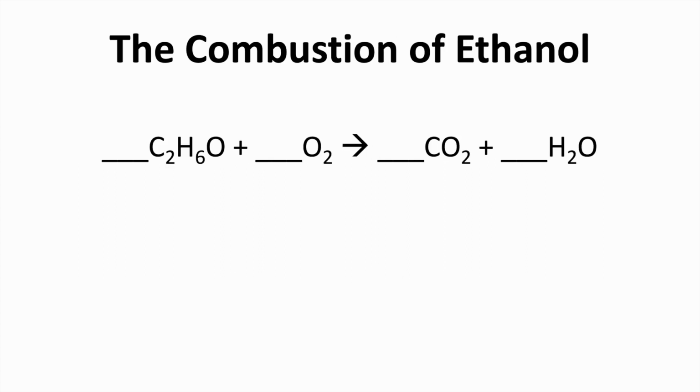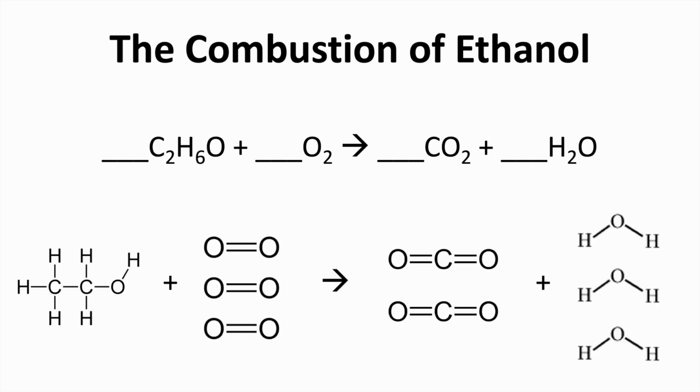Now, we can actually calculate quantitative values for this change in energy. As usual, though, we got to start with a balanced chemical equation, and we're going to use the combustion of ethanol as our example. So what we find when we balance this is that our coefficients should be a 1, a 3, a 2, and a 3.